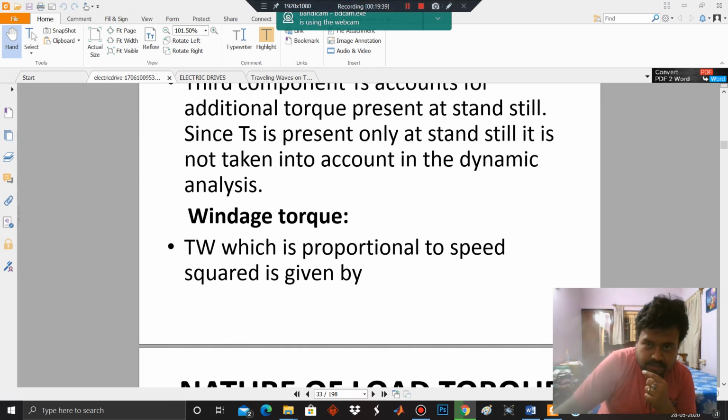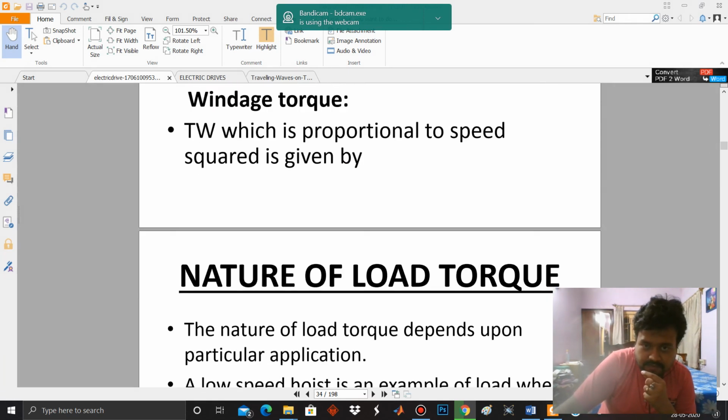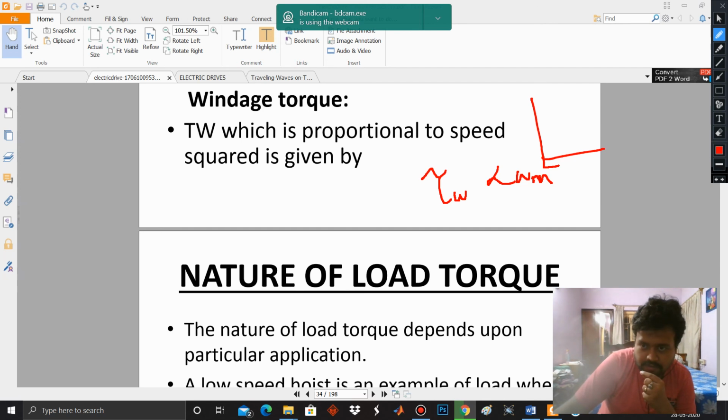Another is the windage torque, which is proportional to the square of the speed, given by tau W proportional to omega m square. So if we plot tau versus omega, it will be like this.